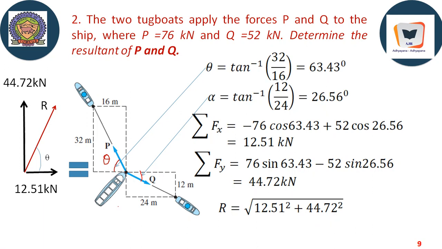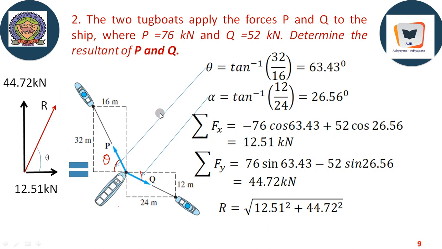The real meaning of this resultant is this: if one tugboat draws this big ship in this direction and the other tugboat draws it in that direction, the ship will not go in either of those directions. Instead it will take a path along this particular direction.